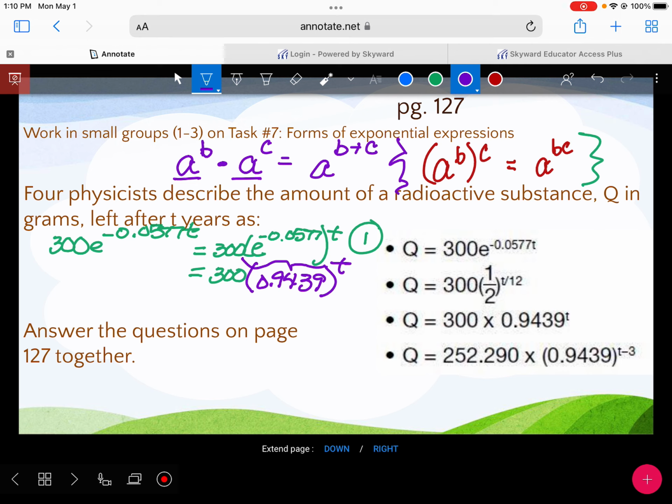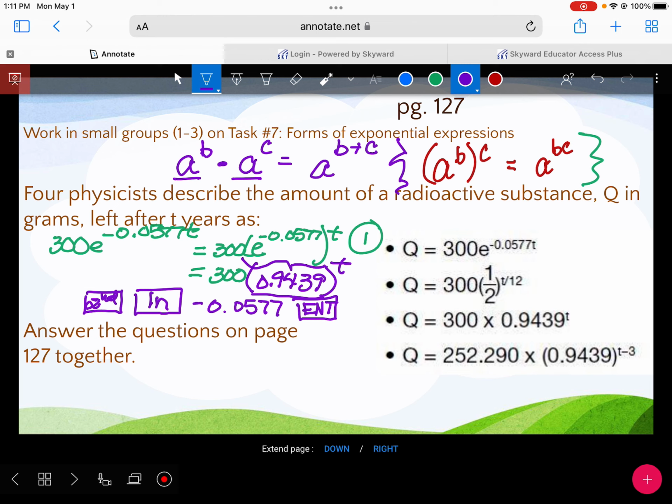Did everybody get that? Okay, so here's what you need to do on the calculator. You need to take second, and you need to hit the natural log key. And then you put in negative 0.0577, and then enter. I believe that should work correctly.